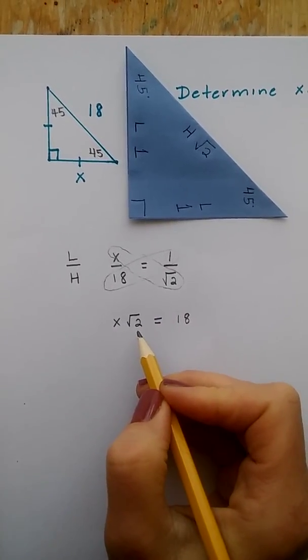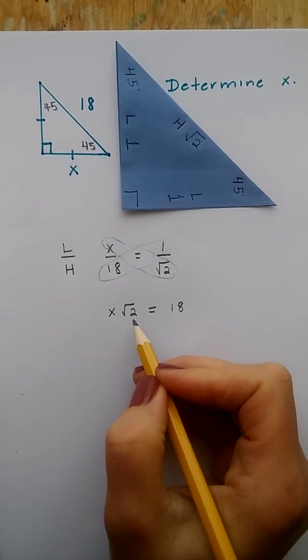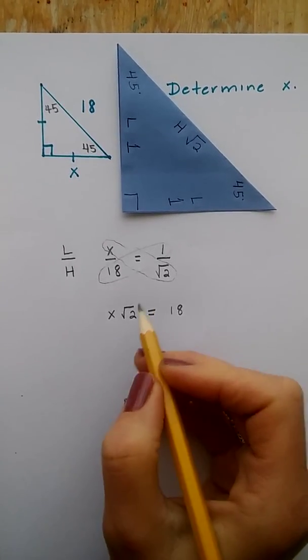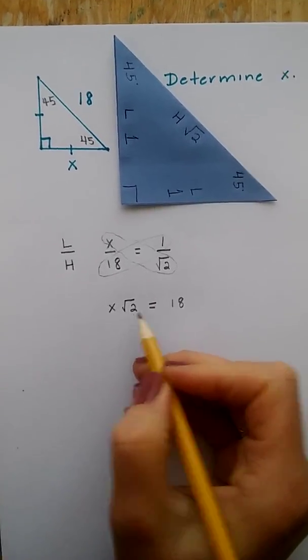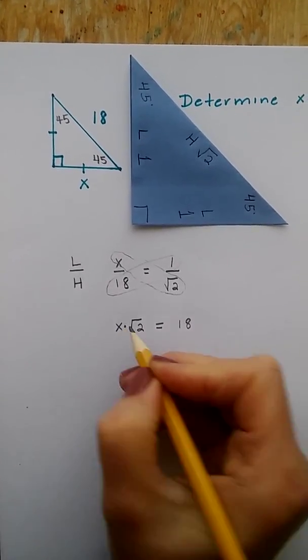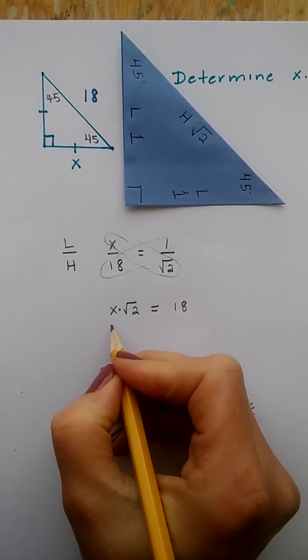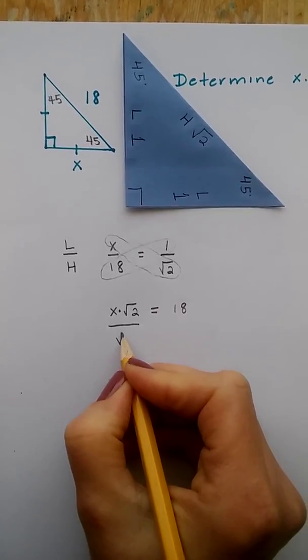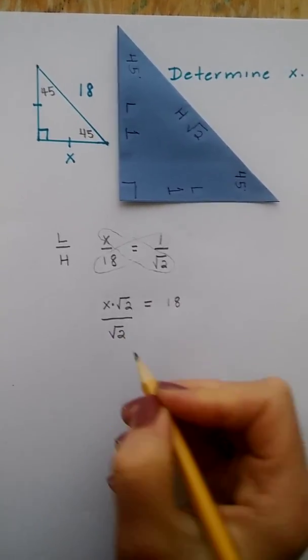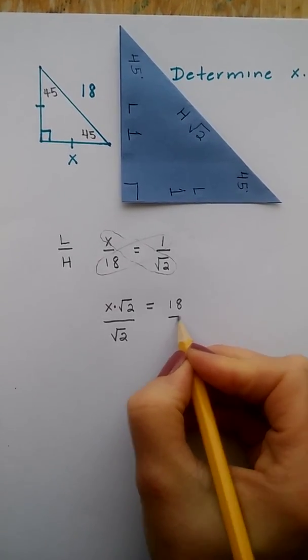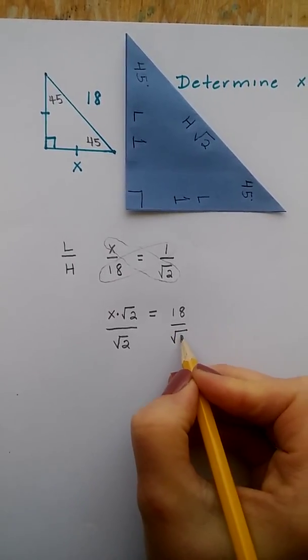We need to isolate x here. We have to undo this root 2. Right in here is understood multiplication, so we undo it with division. And to keep our equation in balance, we use division on this side as well.